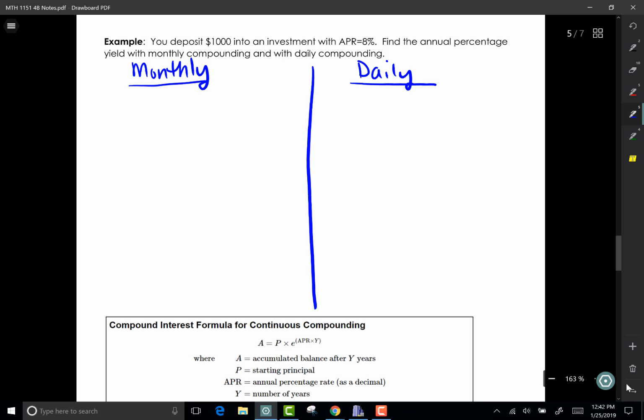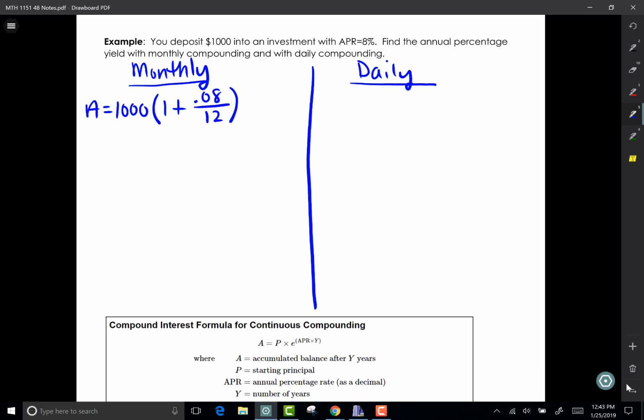Okay, so the first thing we're going to do is find the monthly accumulated amount. So we're going to take 1,000 and we're going to do 1 plus, the APR is 0.08. This is monthly, so little n is going to be 12. And when we calculate the APY, we do it just for 1 year. We're comparing the interest for just 1 year.